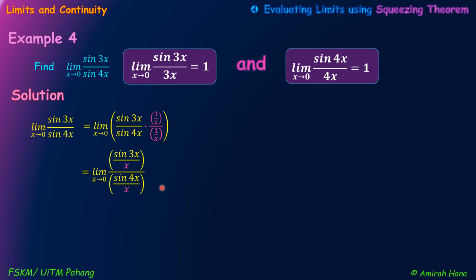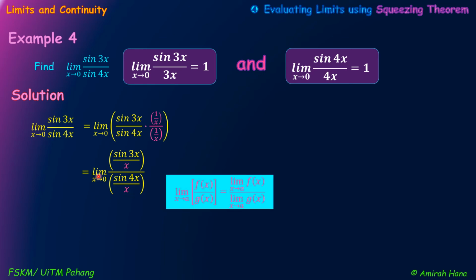Then we have a division of limits. From the properties of limits, if we have the limit as x approaches a of f(x) over g(x), we can separate the division and write the limit as x approaches a of f(x) over the limit as x approaches a of g(x).